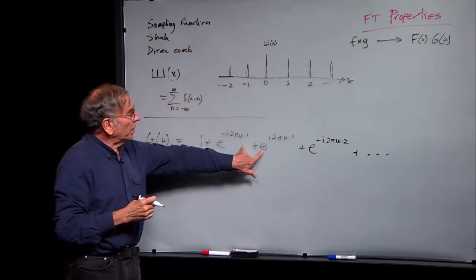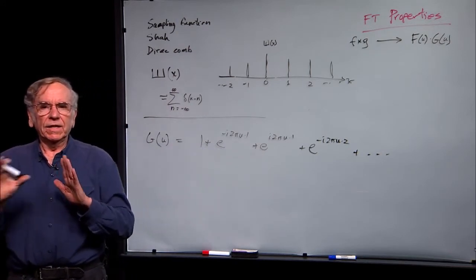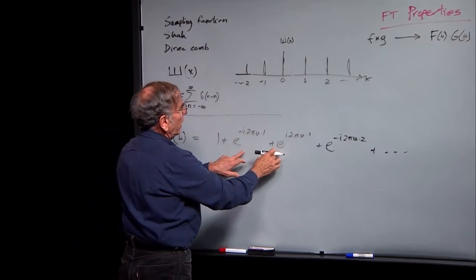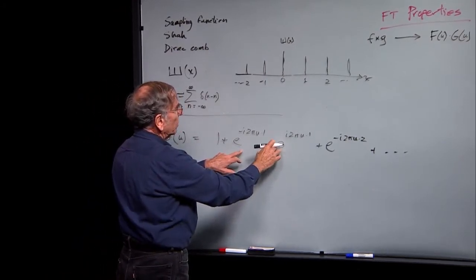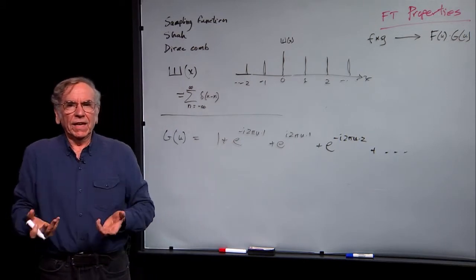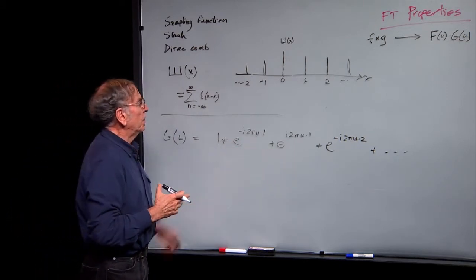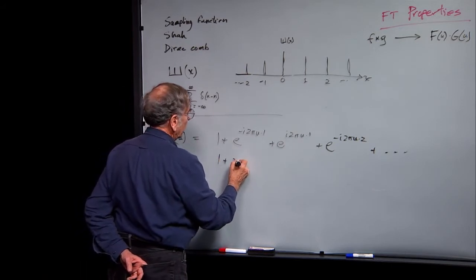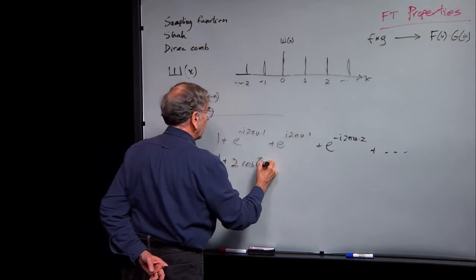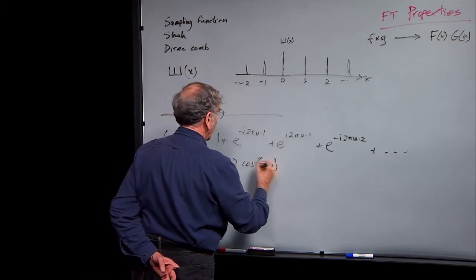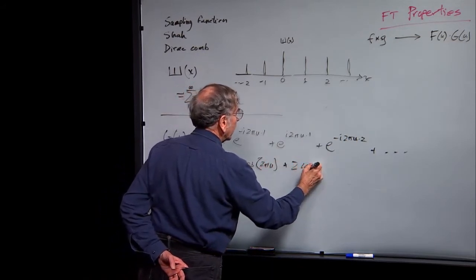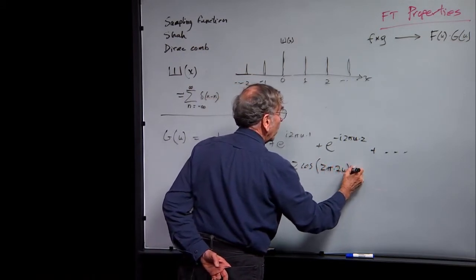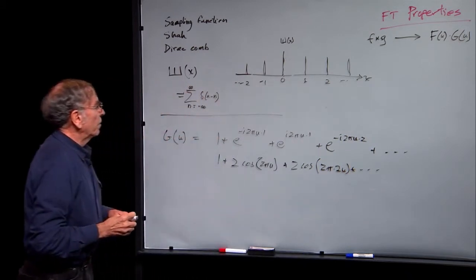Now you notice that we've encountered the same issue that I just talked about in the case of our homework problem, which is we're summing together pairs of complex exponentials with just flipping the sign of the exponents. So these are actually complex conjugates of each other, and so this really looks something like 1 plus 2 times cosine of 2 pi u plus another 2 cosine of 2 pi times 2u plus, and that goes on forever and ever.